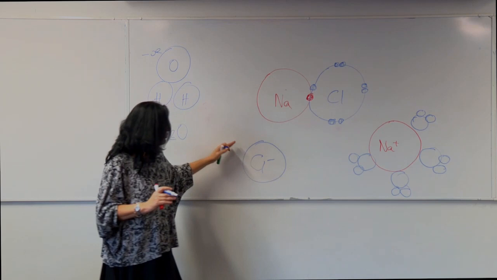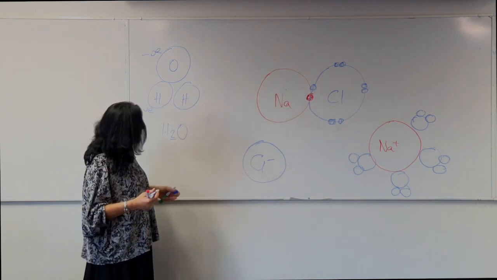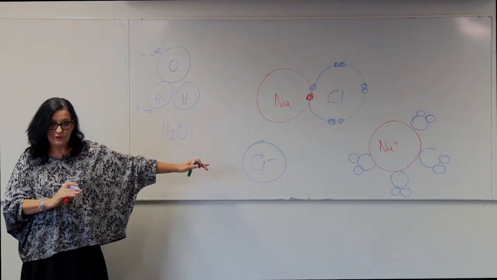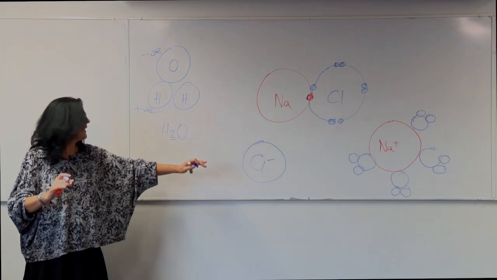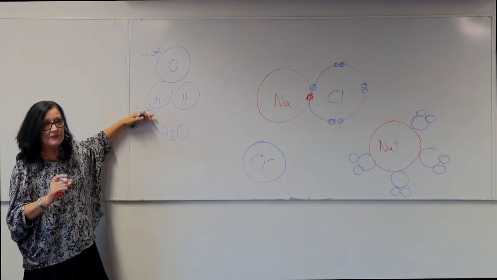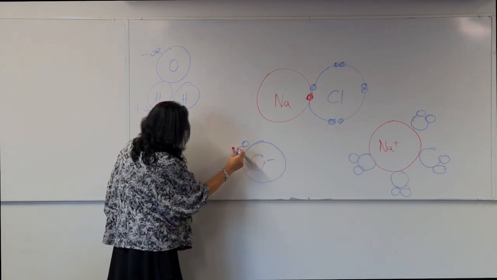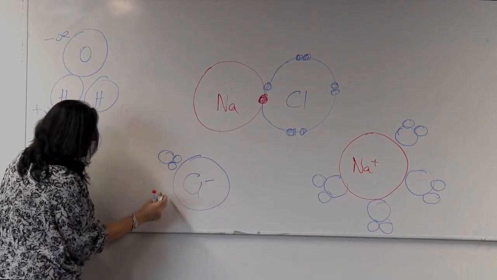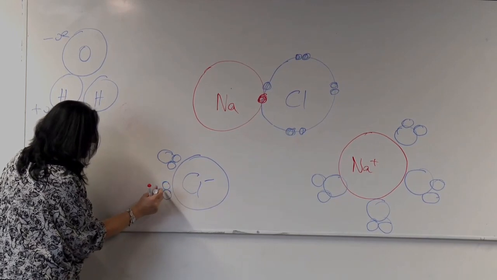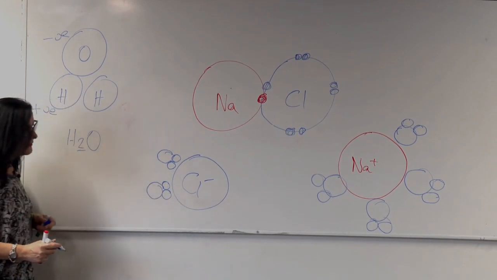Okay, in terms of chlorine, what about chlorine? Chlorine is negative. What's chlorine going to be attracted to? It's going to be attracted to the hydrogens. So in this case, we're going to have two hydrogens and the oxygen.